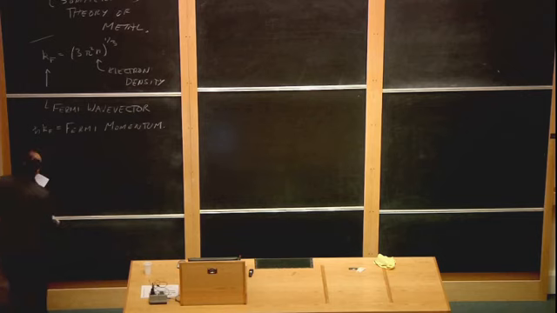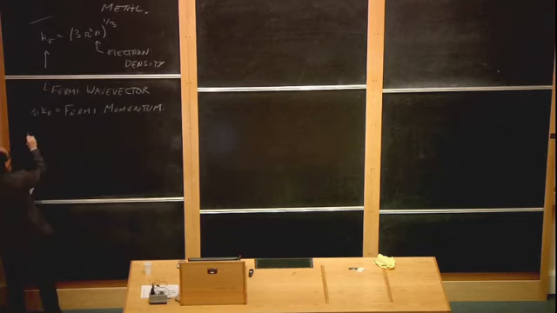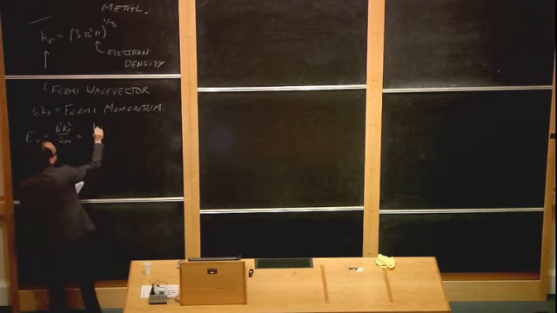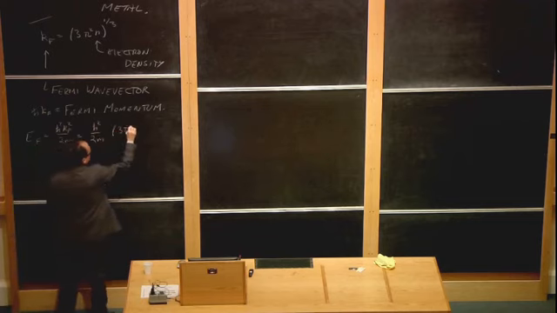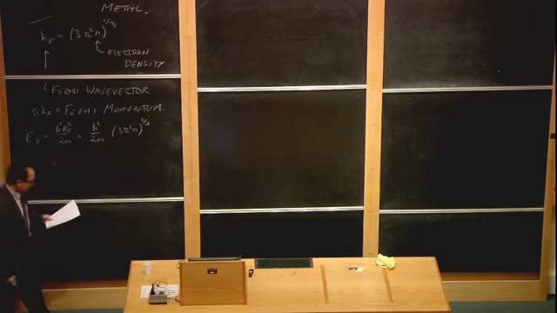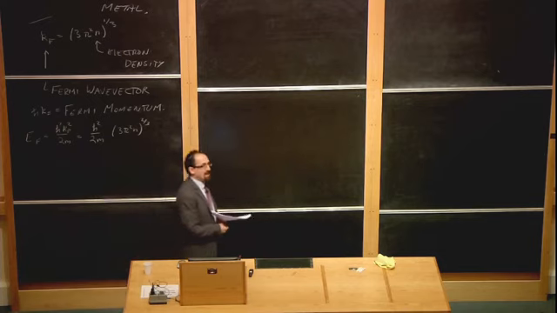From the Fermi wave vector, we can get the Fermi energy in the usual way. EF is h bar squared kF squared over 2m, which we can substitute in our expression for the Fermi wave vector. H bar squared over 2m, 3 pi squared n to the 2/3. This is a rather important relationship that we'll use again.